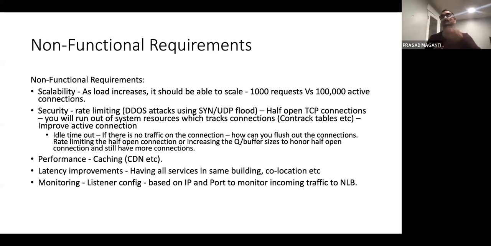It will go through multiple services and finally land on your NLB, and then go to your backend server. So within that, how do you arrange your buildings such that you can improve the latency? Those kinds of things you can also look at when you do the design.